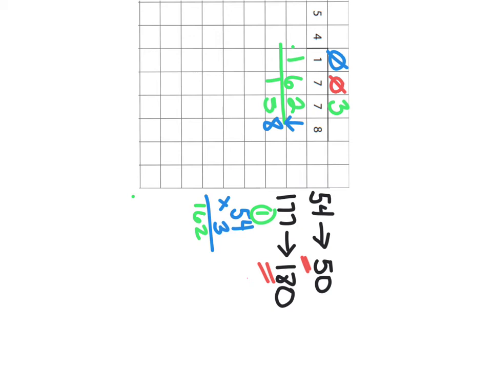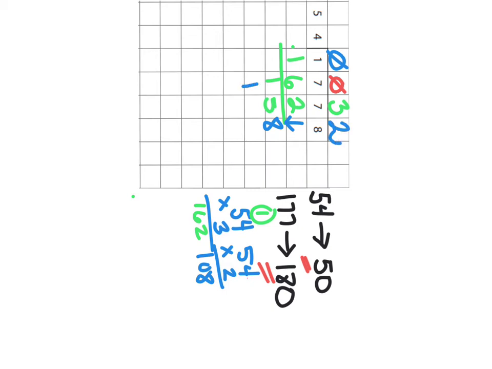We just said that 54 times 3 was 162, and that's larger than 158, so I'm going to take a step back and I'm going to try 54 times 2, which gives me 108. Check my math, that's right.